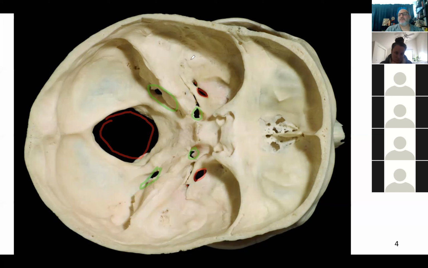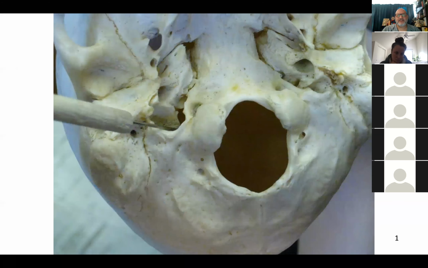So the jugular foramen is this hole formed by these bones growing together. And notice we see a nice example of this right here. They're typically much rougher in appearance. This is where the edge of the occipital bone is. And this is where the edge of the temporal bone is. And this hole in between them is the jugular foramen.